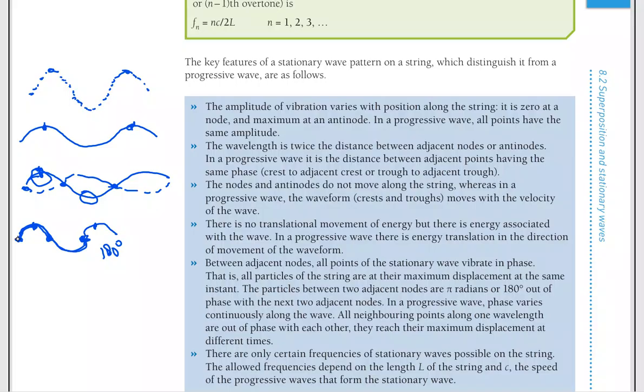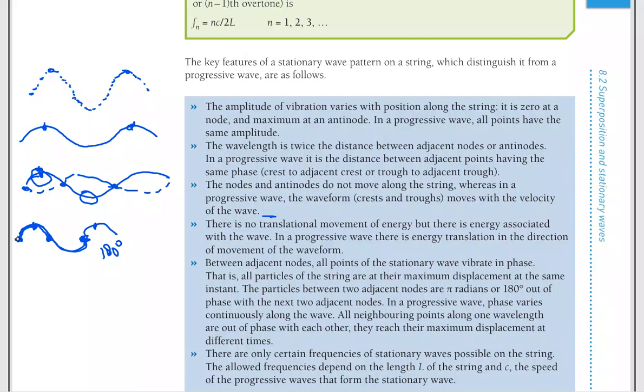The nodes and antinodes do not move along the string. The nodes remain at that place, but the displacement sometimes goes up and sometimes goes down. Whereas the crests and troughs of a progressive wave move with the velocity of the wave. It moves because a progressive wave transfers energy, and each particle moves after the previous particle moves, so it propagates.